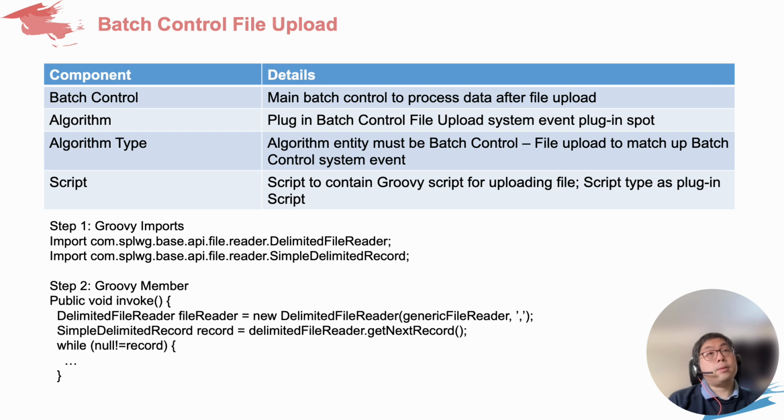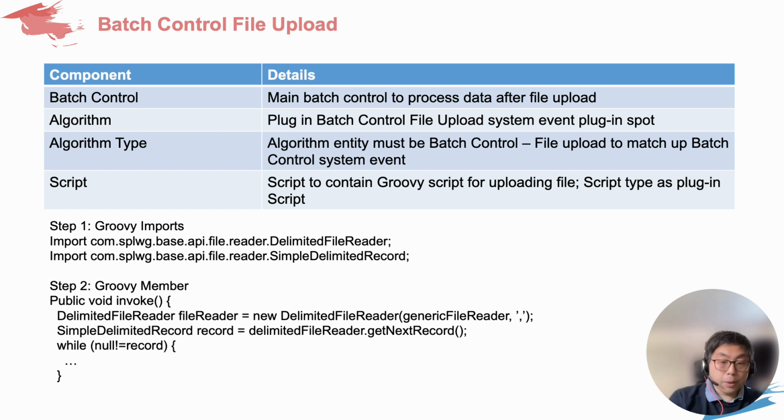The second step is just a Groovy member where you define the public method invoke. And that's it. This is similar to Java. It's a common entry point for all the plugin algorithms. Then over here, you can just start to read the file, read the records, loop through the records, and then process your records in the way you want.